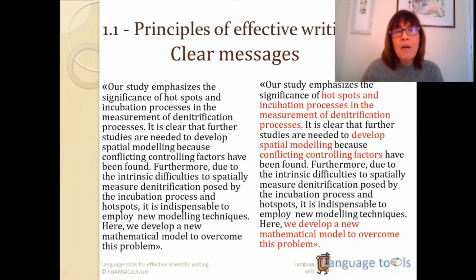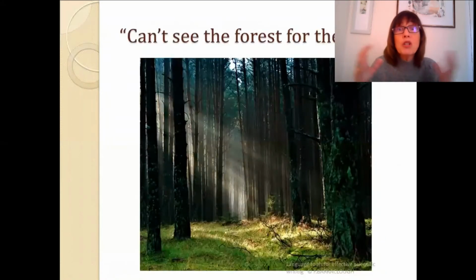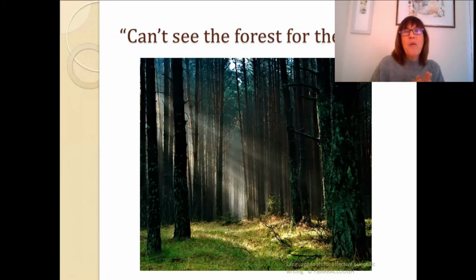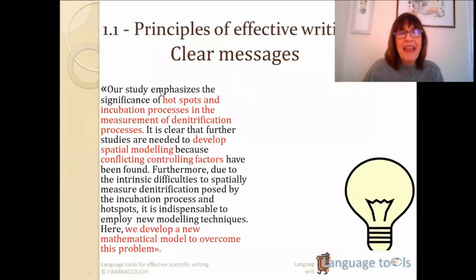Okay, so this is an example of being lost in the forest. We say that you can't see the forest for the trees, or maybe that we can't see the trees for the forest. I'm not sure what would be true, but there is an awful lot of background noise in this text, okay, that prevents us from seeing the main messages.